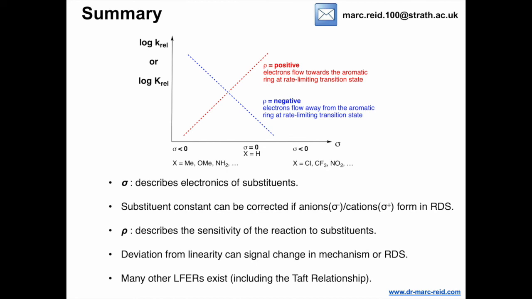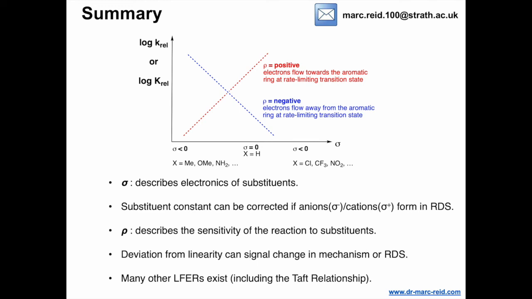In summary, we've used this lecture to discuss the place of LFERs in studying reaction mechanisms. As with all our lectures, this subject is somewhat of a field unto itself, and we have merely touched on the fundamentals in this course. We spent most of the time defining and interpreting the most common LFER in physical organic chemistry, the Hammett relationship, and that is summarised on the plot.